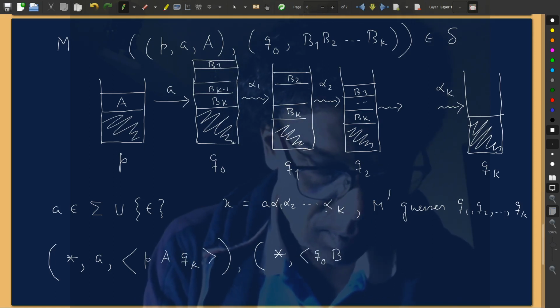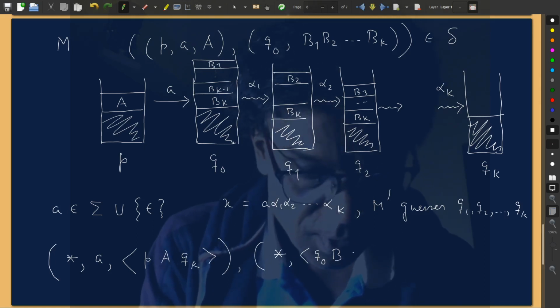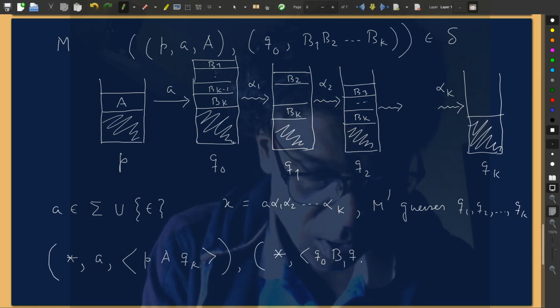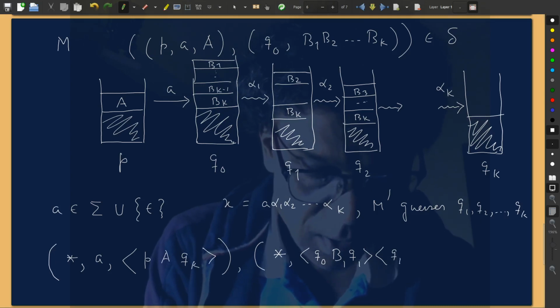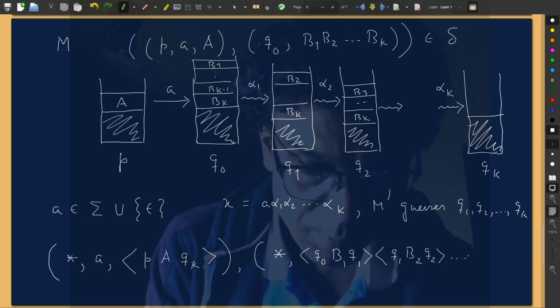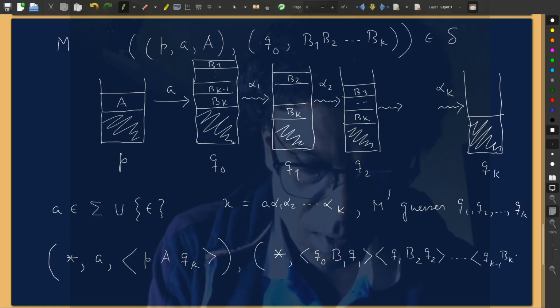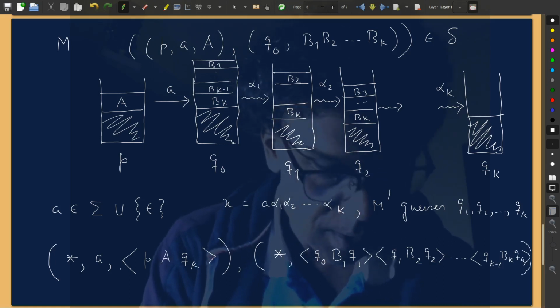Then Q0 is coming from this. Then for some guess, get rid of B1, go to Q1. Then from Q1, you get rid of B2 by going to some state Q2, and so on. Likewise, from Qk minus 1, get rid of Bk, and we end up in Qk.